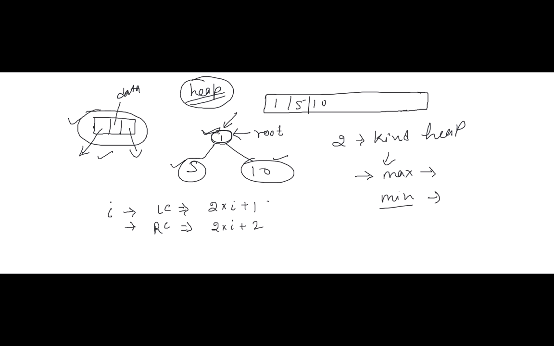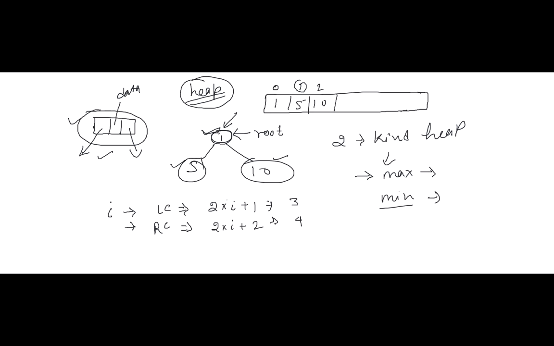In an array we use zero-based indexing. If I put 0 here, the left child would be 0 plus 1, that means 1, and the right child would be 0 plus 2, that means 2. Again, if I am at index 1, the left child would be 2 into 1 plus 1, that means 3, and the right child will be 4.